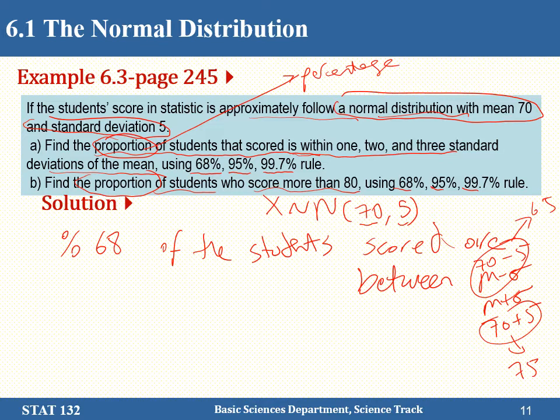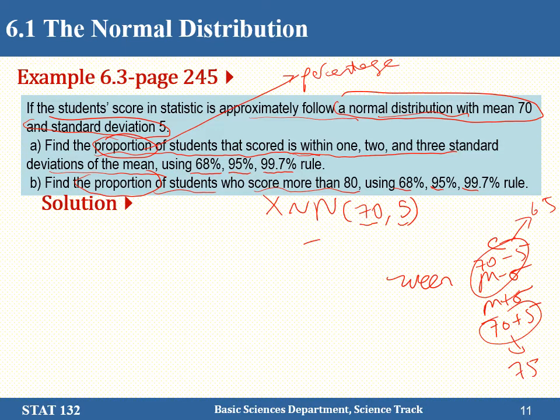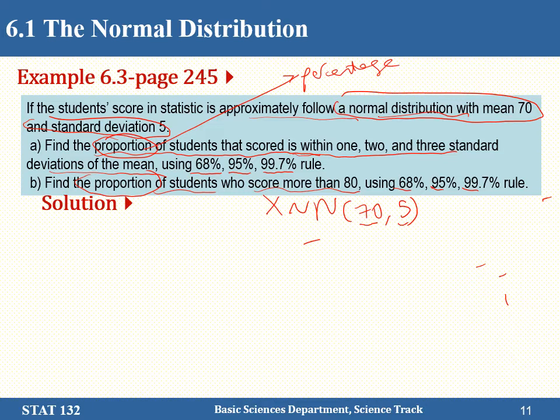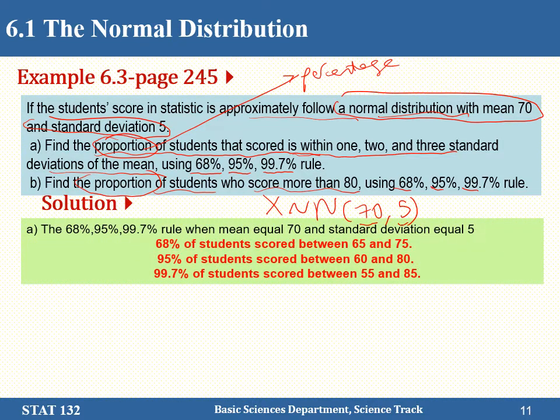And you can do the same thing for the 95 rule. You can apply this for mu minus 2 sigma and mu plus 2 sigma. And for the 99.7 rule, you can use 3 sigma. So we get these scores.